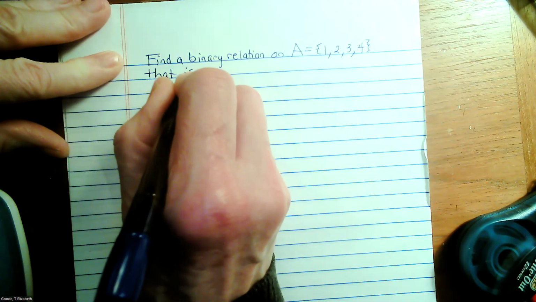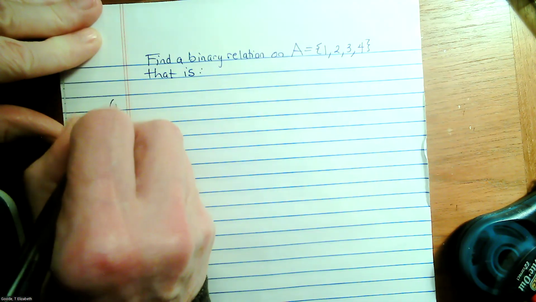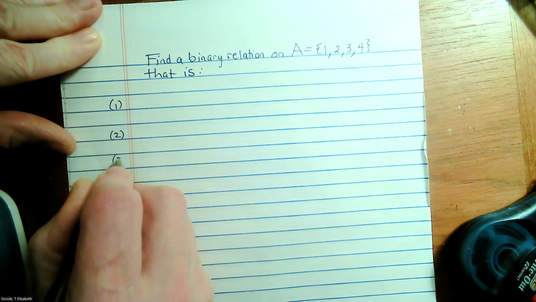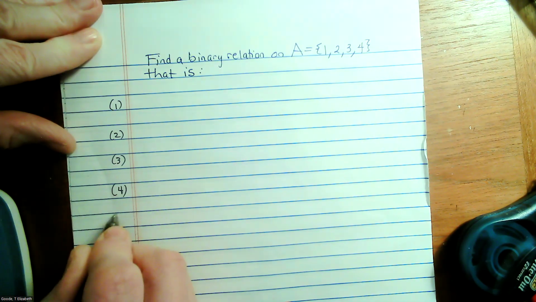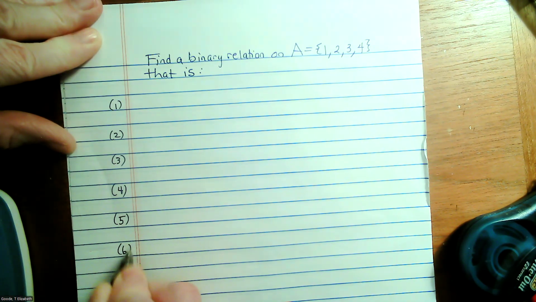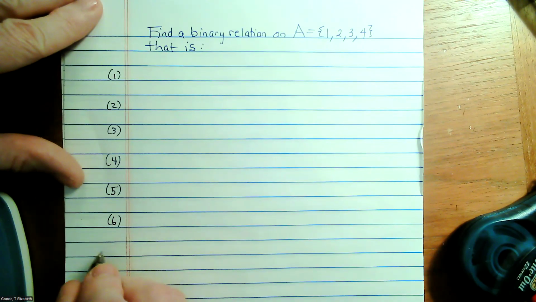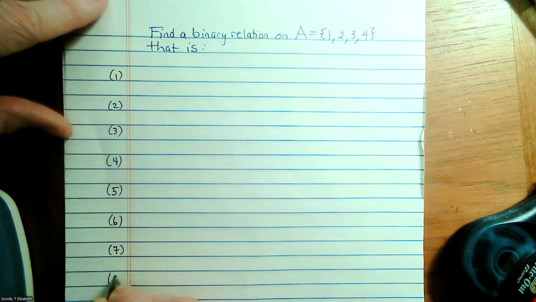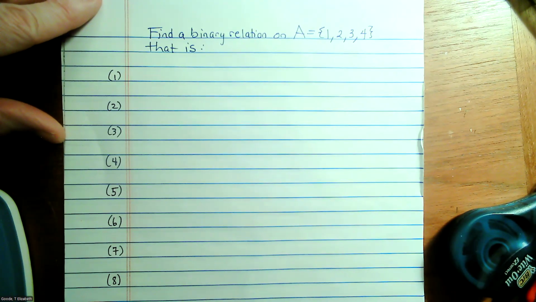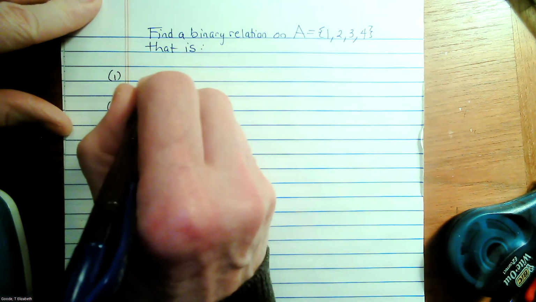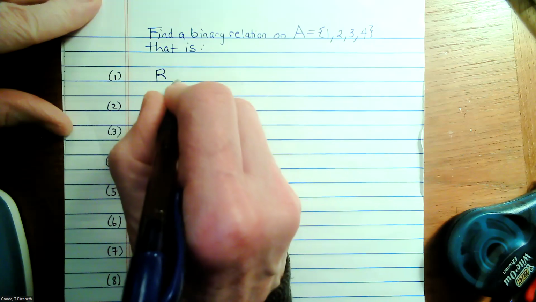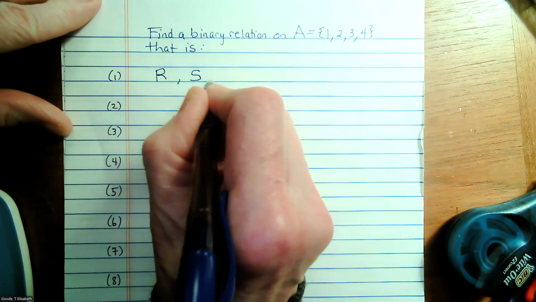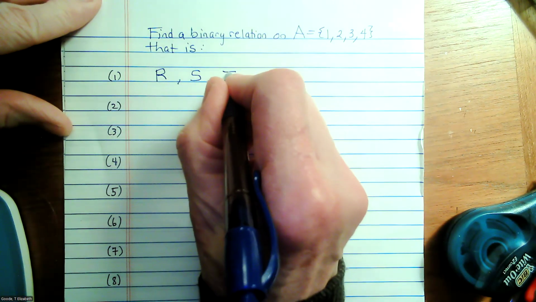There are 8 different ways that we can mix and match reflexive with not symmetric, or reflexive with symmetric but not transitive. So here it's R and S and T.